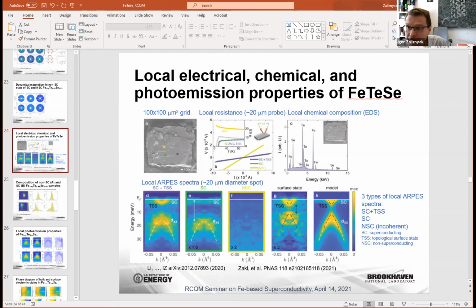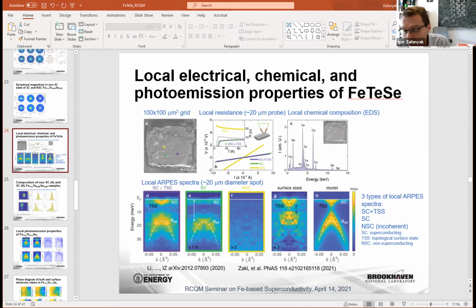The other is how representative is this measurement of a particular surface of this particular sample of the bulk. In this case, we measured 2,000 spots, so we basically take 2,000 different surfaces from the bulk, and we see a clear correlation between our measurements.